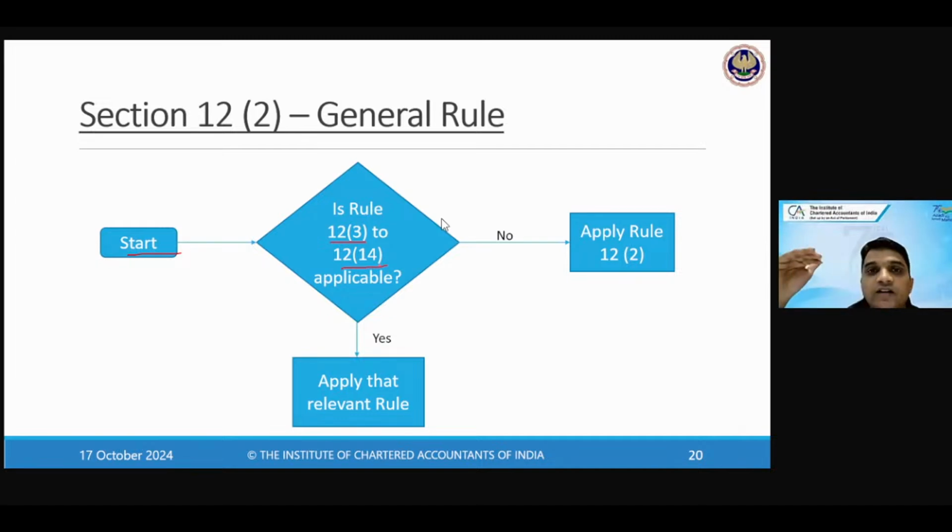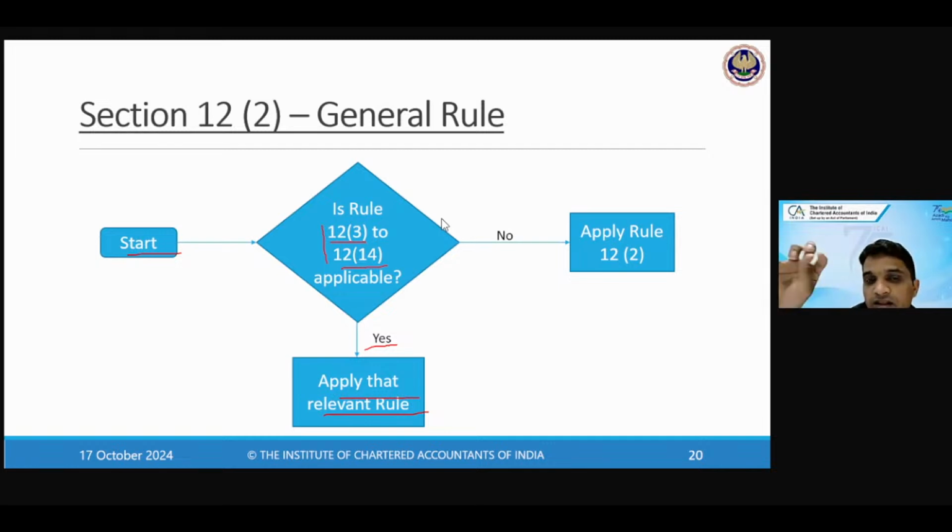If you are falling under those types of services, then go and follow that, because each of these rules is a specific rule and I am a general rule. The rule itself mentions that it's a general rule.